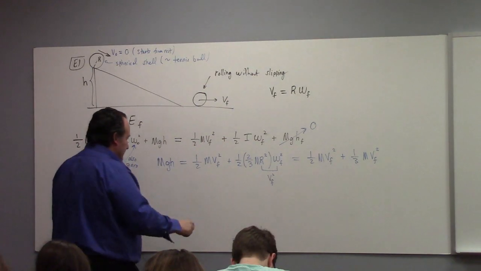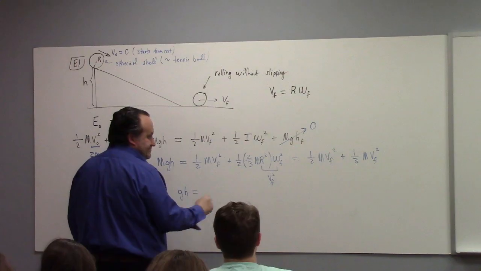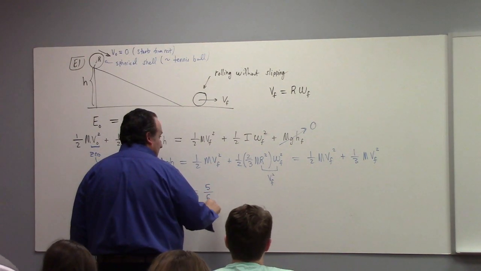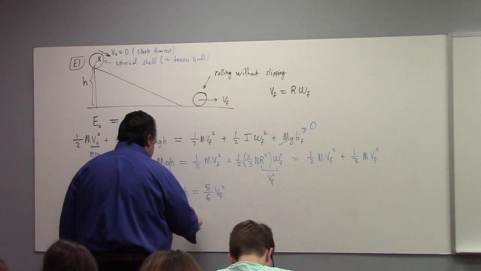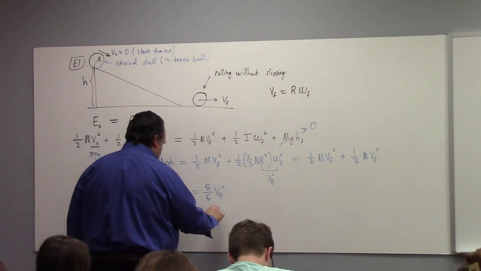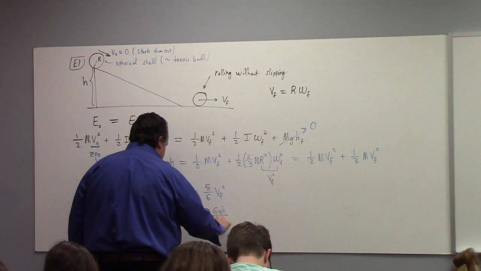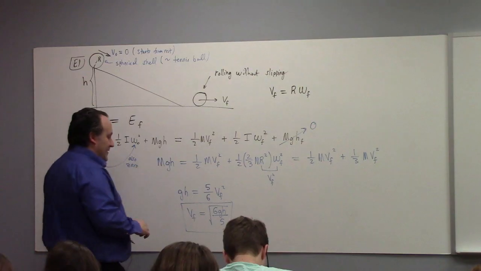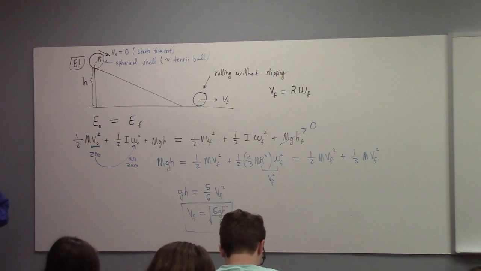So if I divide this by m, I just get gh equals 5/6 Vf squared, which is to say that my final velocity is equal to the square root of 6gh divided by 5. And there you go. That's the speed at which this mass is rolling without slipping if it starts from rest and just rolls down the plane.